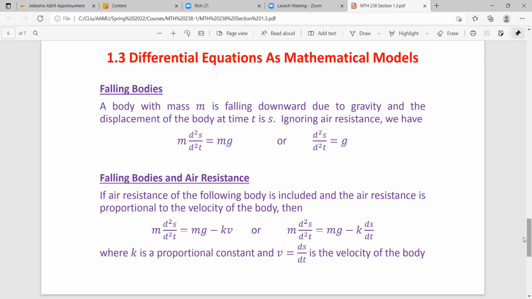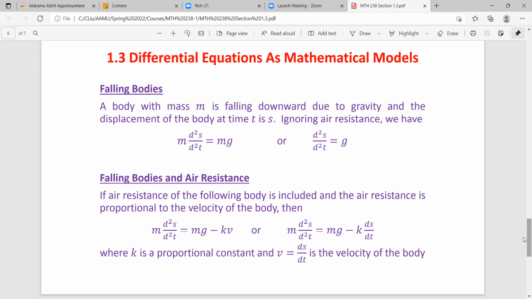So a body with mass m is falling downward due to gravity, and the displacement of the body at time t is s. Okay, it goes down s distance at time t, after time t, from the release.